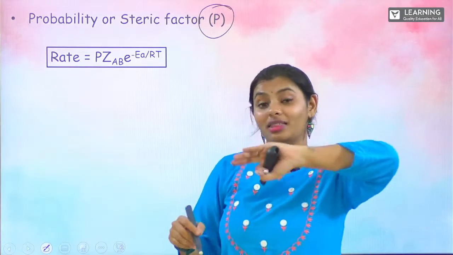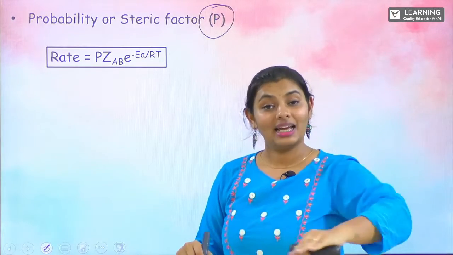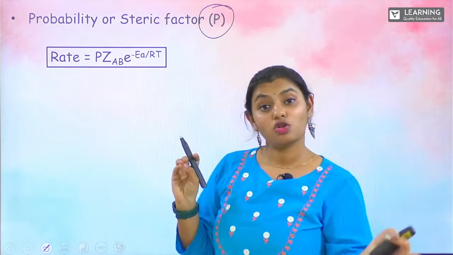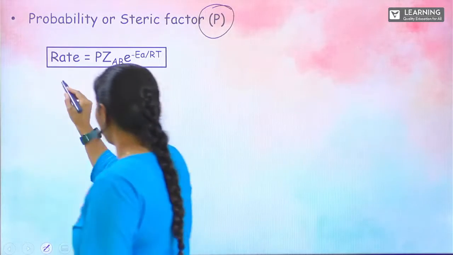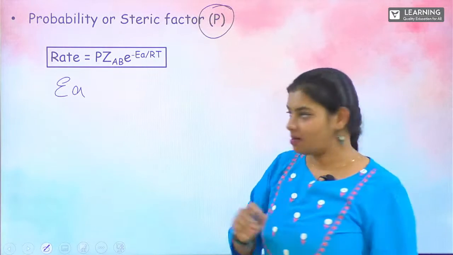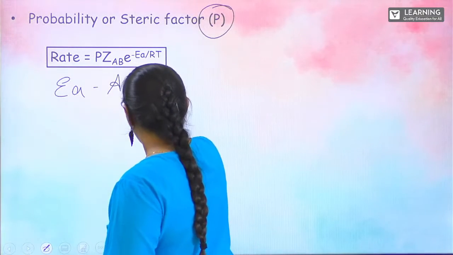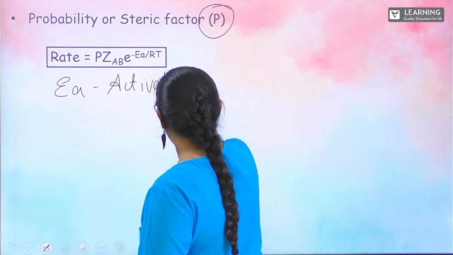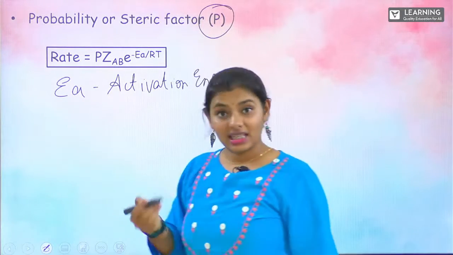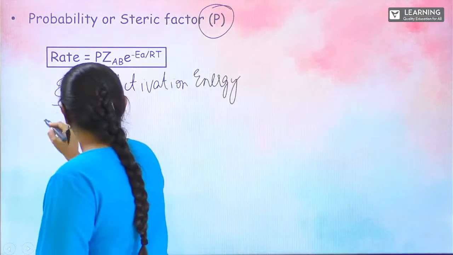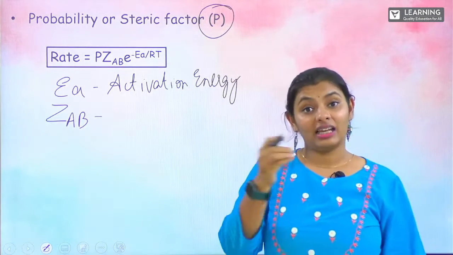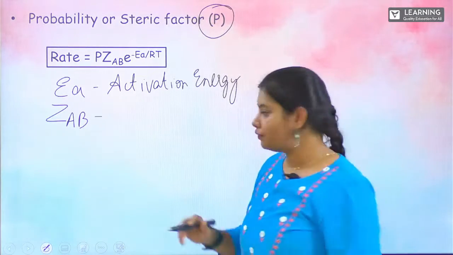So what did we study first? We studied how the rate is dependent on activation energy, right? At the same time, we saw the next thing. Let me write this. The next thing is our collision frequency, how exactly the rate of the reaction is dependent on the collision frequency.